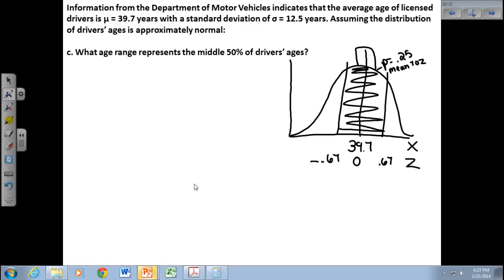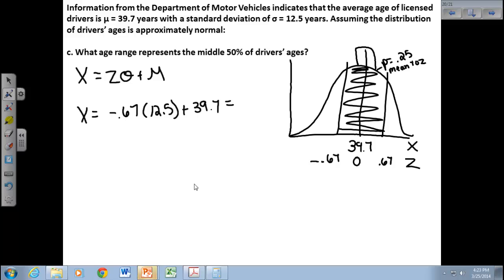So let's go ahead and calculate our x values, because that's what we really care about. So the first one, let's start with the low end, so the negative version. So x equals z times standard deviation plus the mean. So negative 0.67 times the standard deviation of 12.5 plus the mean of 39.7. Well, 0.67 times 12.5 gives you negative 8.375.